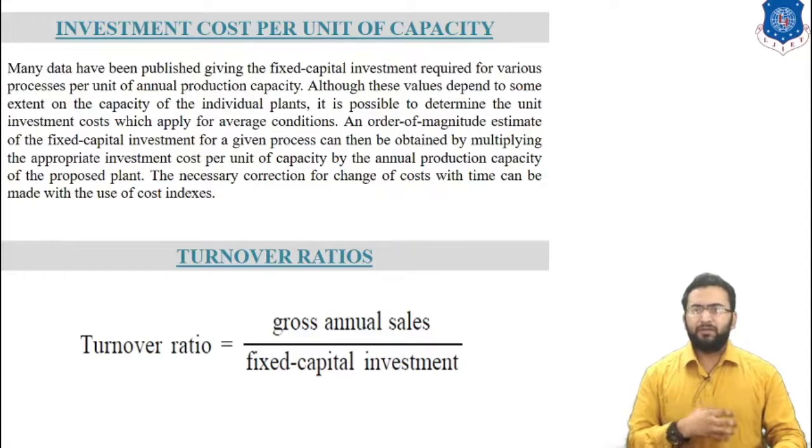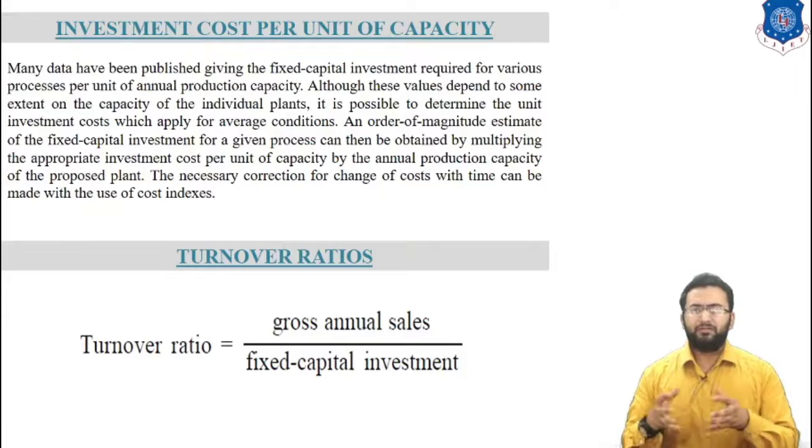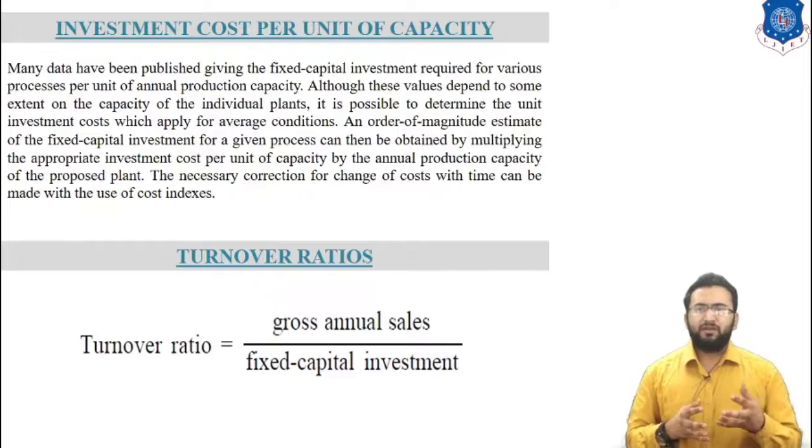Now let's talk about the last method, which is the turnover ratio. A rapid evaluation method suitable for order of magnitude estimation is known as the turnover ratio method. Turnover ratio is defined as the ratio of gross annual sales to fixed capital investment, where the product of annual production rate and the average selling price of the commodity is the gross annual sales figure.